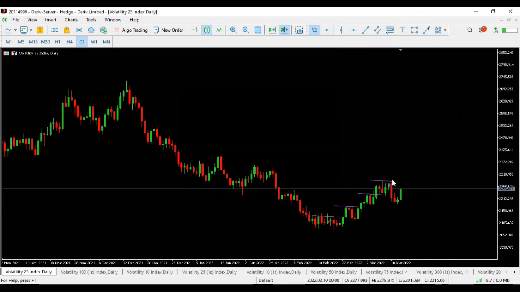In an uptrend, our key points of interest will always be the lows, especially the order blocks in the lows. Right here, I would say this was my key point of interest. When this candle initiated the break of this high, we would have marked this as our key point of interest in anticipation that the market will come back, then we buy.